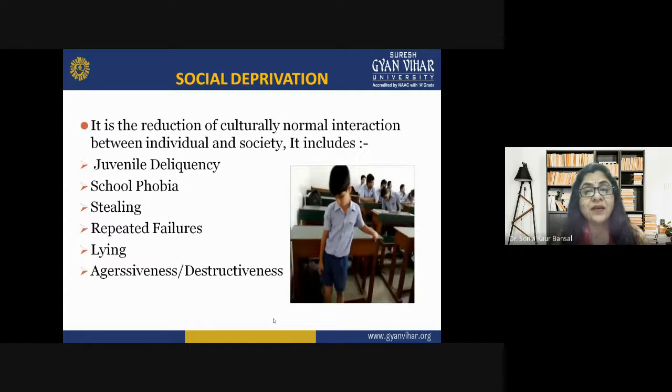Then a stealing habit may develop, and repeated failures might occur. Lying is one of the biggest factors in social deprivation. Then aggressiveness and destructiveness are all problems related to social deprivation. If social deprivation is there, these types of problems can be seen in children. All right, students, I hope you are understanding it.